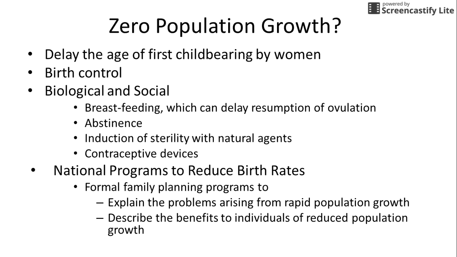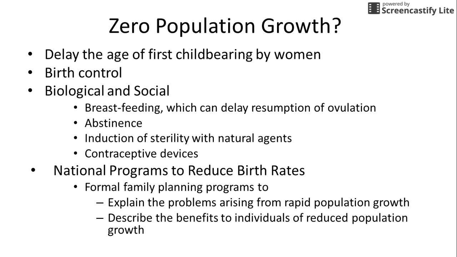So, breastfeeding, abstinence, induction of sterility with natural agents, and then contraceptive devices, which goes up into birth control.